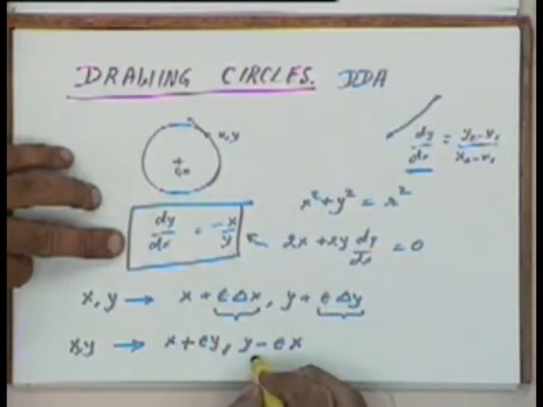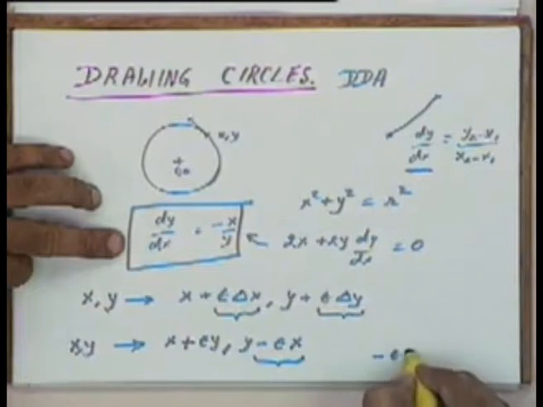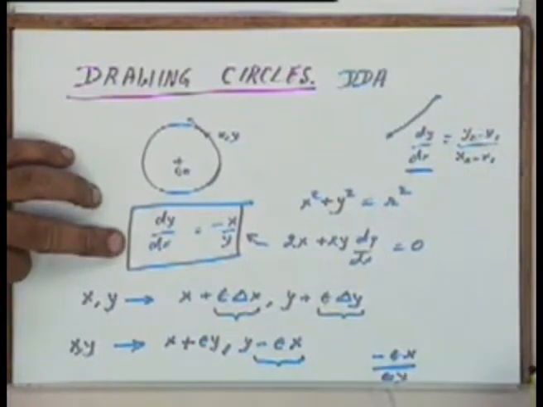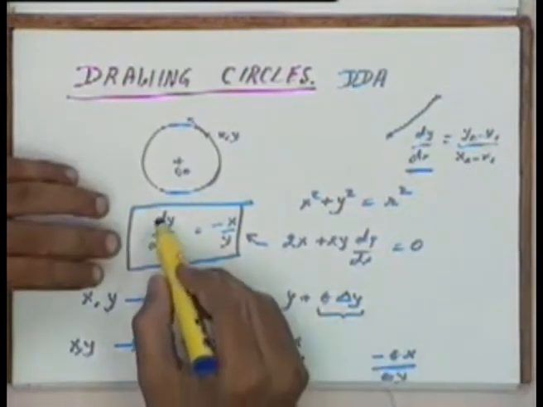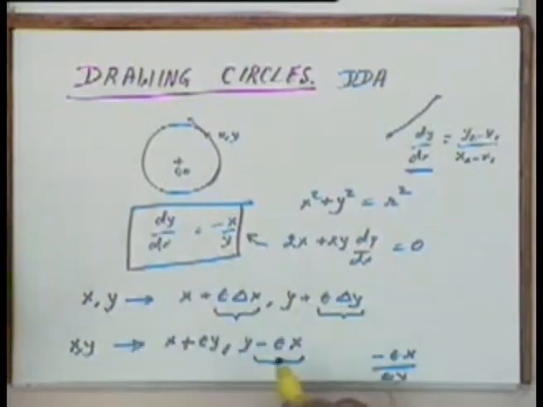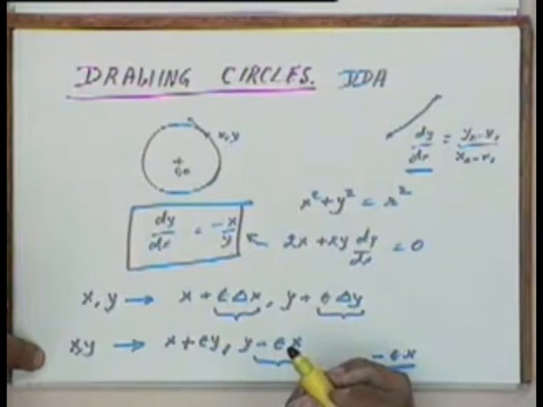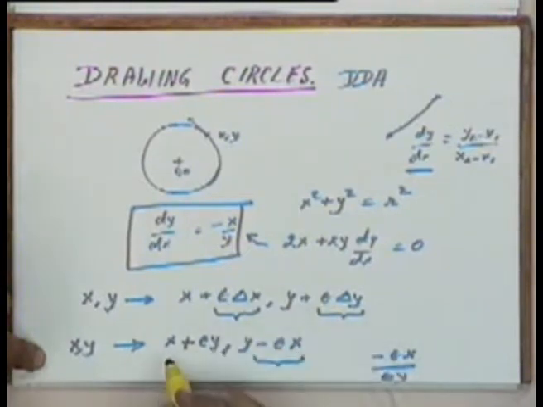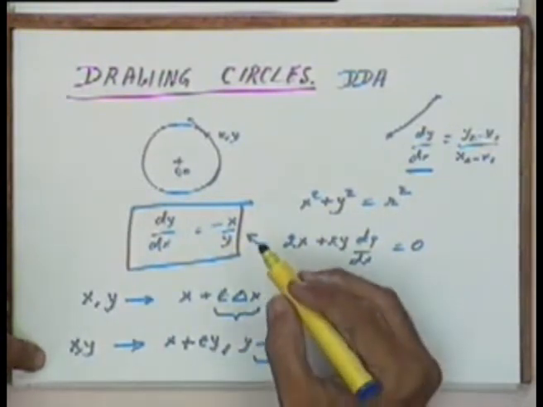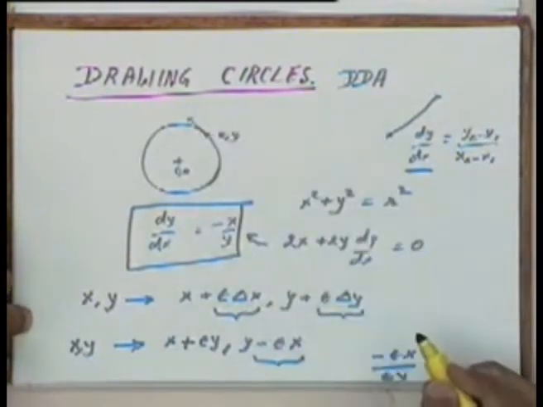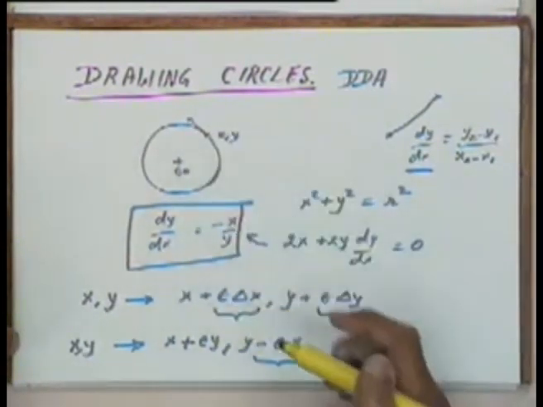My increment in the y direction is minus epsilon x, my increment in the x direction is epsilon y, so the ratio is minus x by y. So we are taking an increment in both x and y by very small amounts, so that the next pixel to be drawn will be in the direction of the tangent, in the direction of the slope at that point.